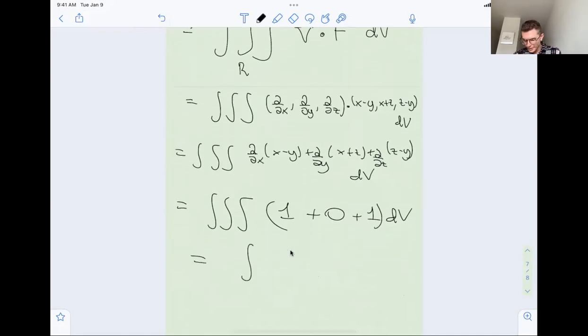So what you have to integrate here is just the function 2 dV, the constant 2 dV, because in this case, the divergence came out to be just a constant. Is that making sense?